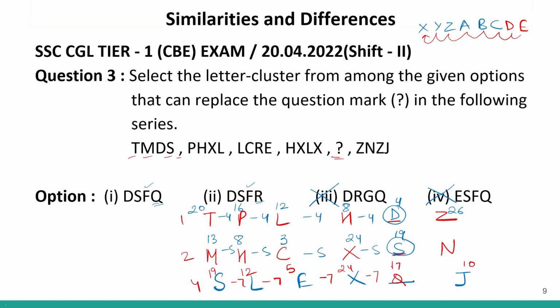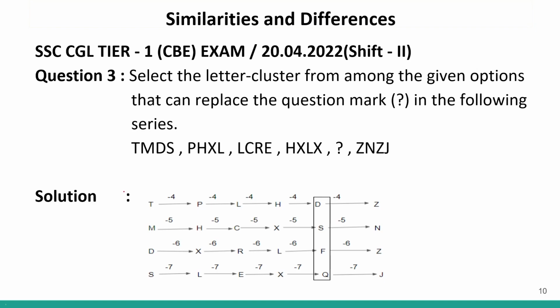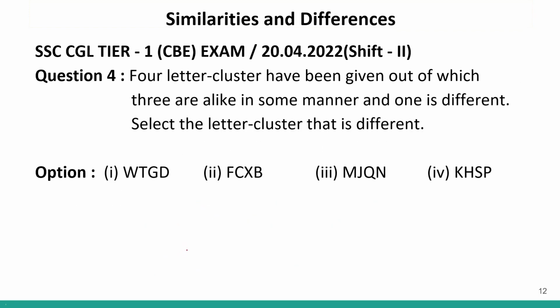So the fourth term will be Q. And the fourth term Q is in option number 1. So DSFQ will be the code. So my answer will be option number 1, DSFQ. So over here you can look at it. First minus 4, then minus 5, then minus 6, and then minus 7. This is how we go in this particular series.